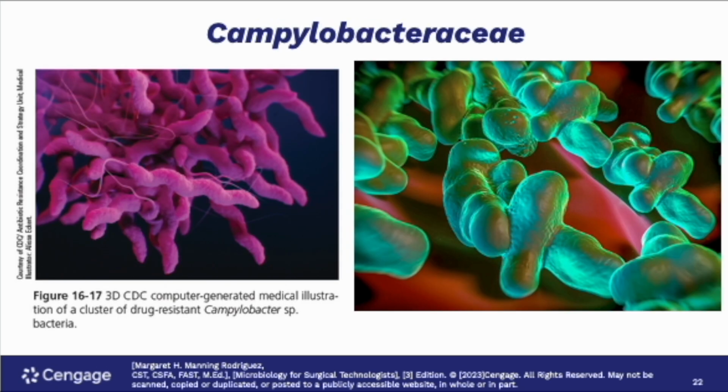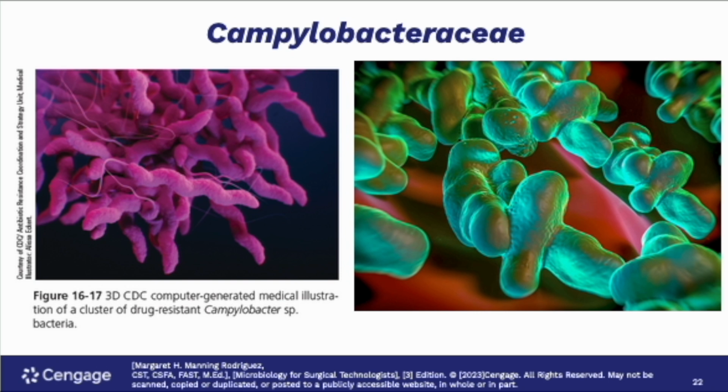Our family Campylobacteraceae. This family includes, again, gram-negative, non-fermentative bacteria that are spiral shaped. They are motile rods with unipolar or bipolar flagella. Now, the most commonly isolated species, which is Campylobacter jejuni, is highly sensitive to the environment and unable to survive in 21% oxygen, dry, or acidic conditions.